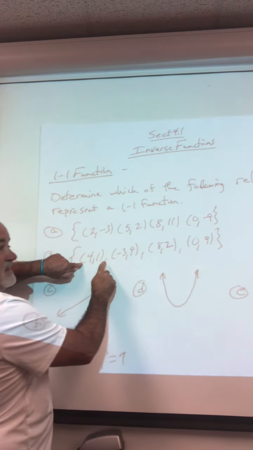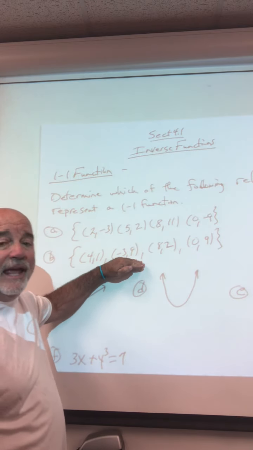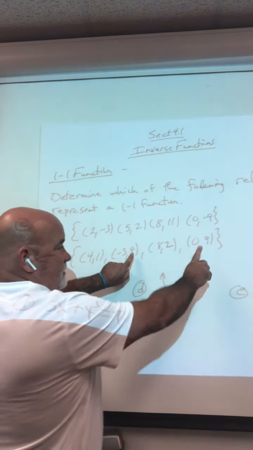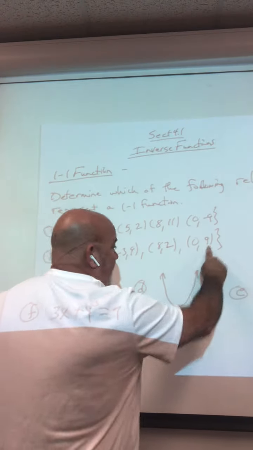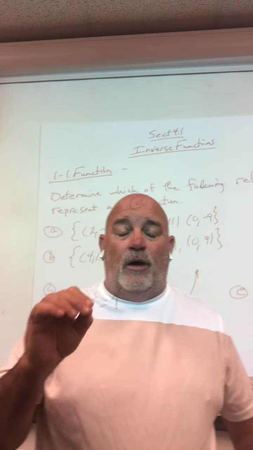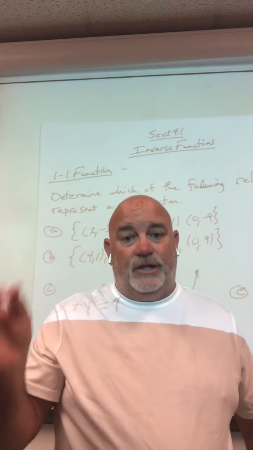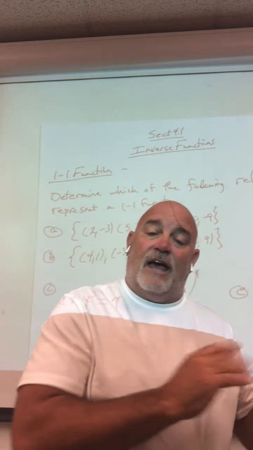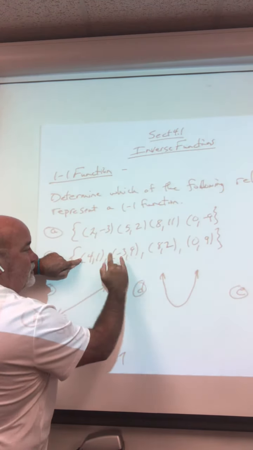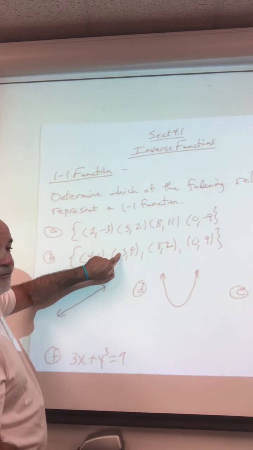Now, let's come back to this. Ask the question again. Is this a function? Yes, it's a function. Is it a one-to-one function? No, because of the repeating 9's. So this is not a one-to-one function. We've already said that. Now, if it's not a one-to-one function, does it have an inverse function? No, we just said it has to be a one-to-one function to have an inverse function. I'm just going to show you why now. If you invert these ordered pairs, which is what the inverse does, this 9 now goes first.